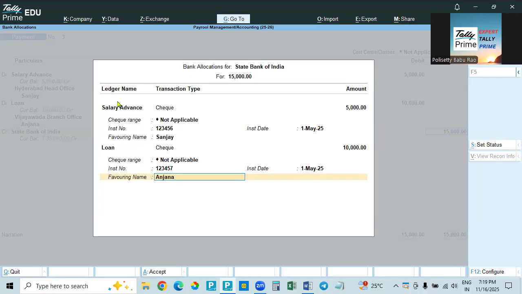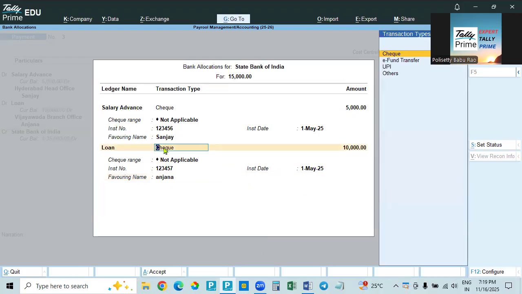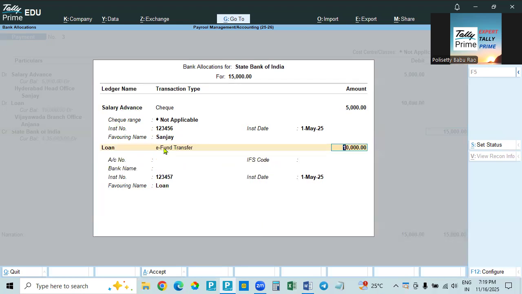This is one check for salary advance to this person. This is also salary advance to this person, like this. But in the second case, we might have paid through e-funds transfer. If you take e-funds transfer, the name is given, then his account number we have to give, and the IFSC code, which bank you paid, and the bank name of the other person.